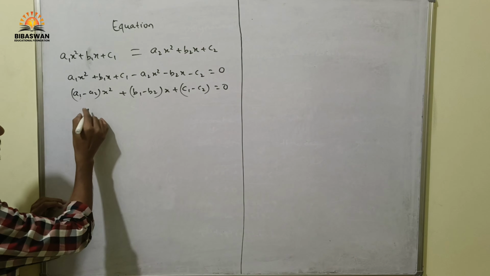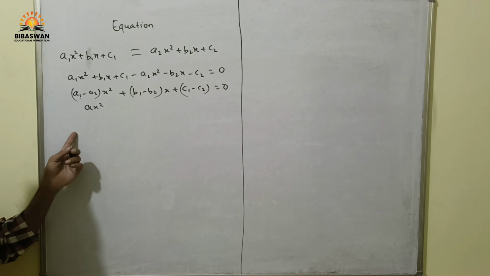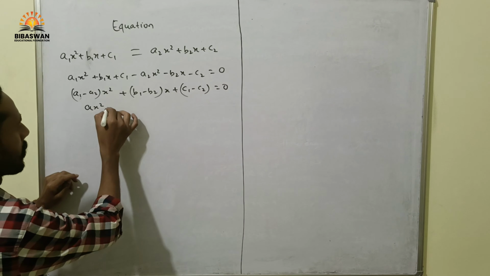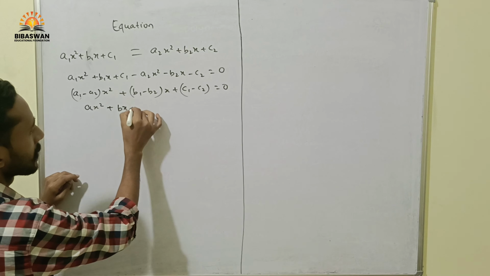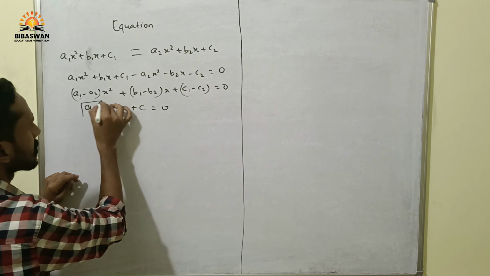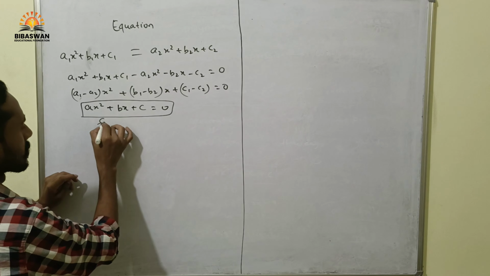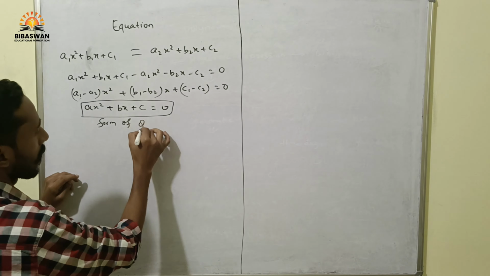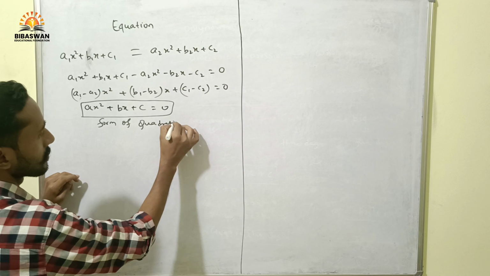Let us assume a1 minus a2 is a constant a, then ax square plus (b1 minus b2)x plus (c1 minus c2) is equal to 0. This is the actual form of a quadratic equation.